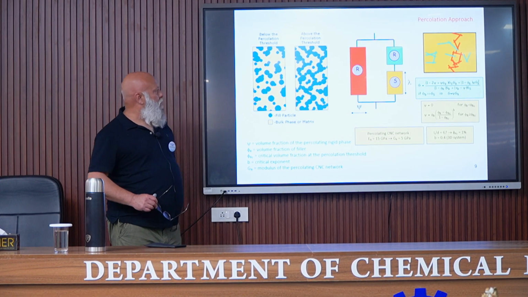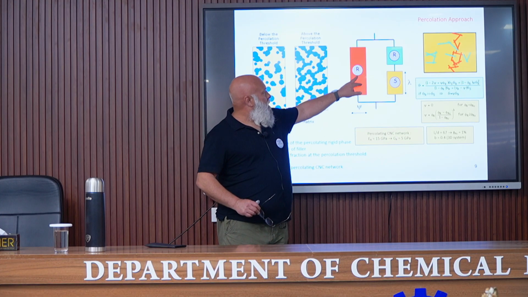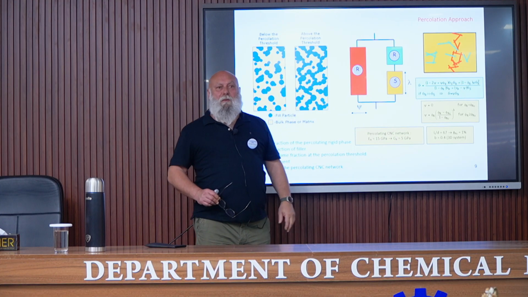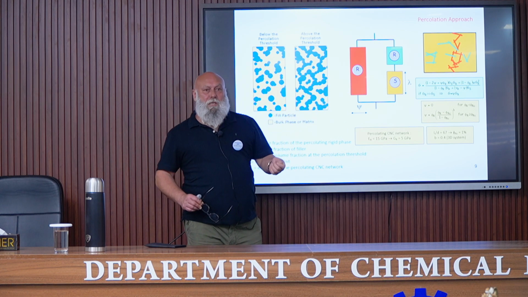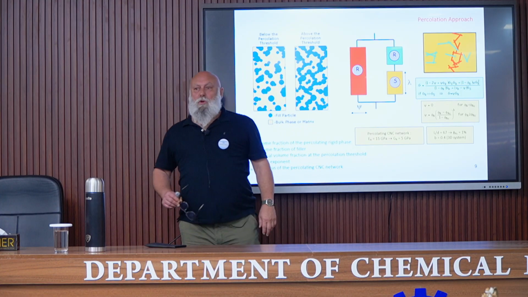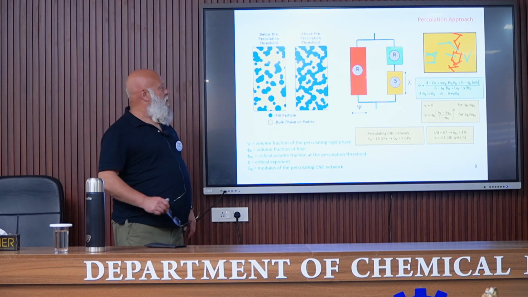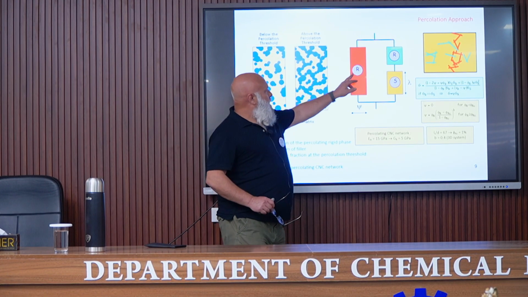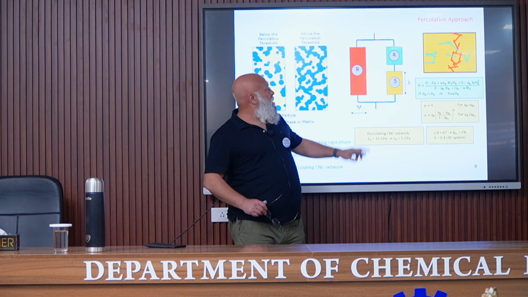I will define these different terms. For the Takayanagi model, you can see that we have three different phases. R corresponds to the rigid phase, so it is cellulose. S corresponds to the soft phase, the polymeric matrix in the rubbery state. You can see that the rigid phase is divided in two parts.